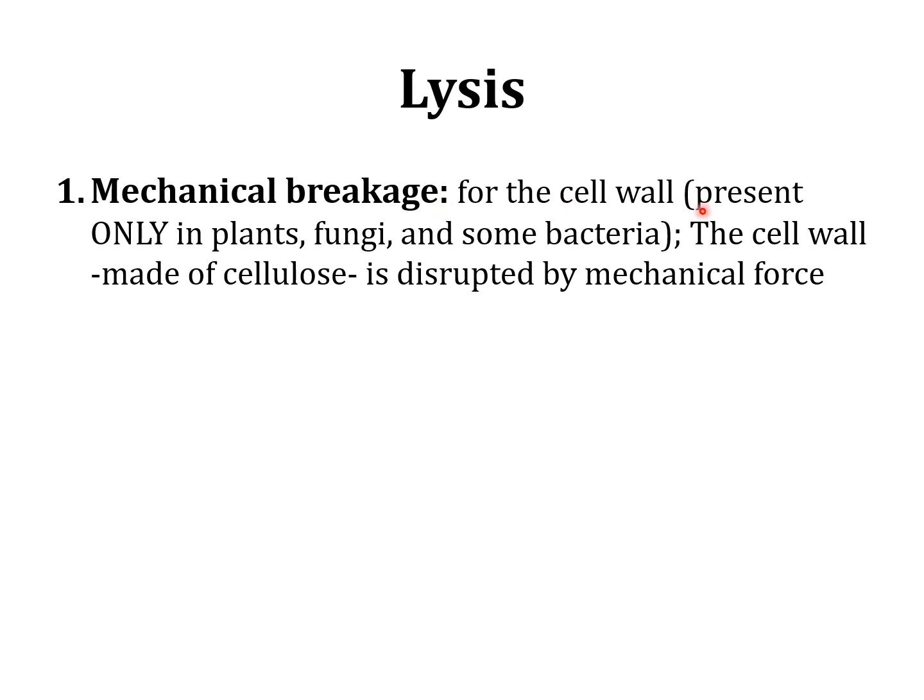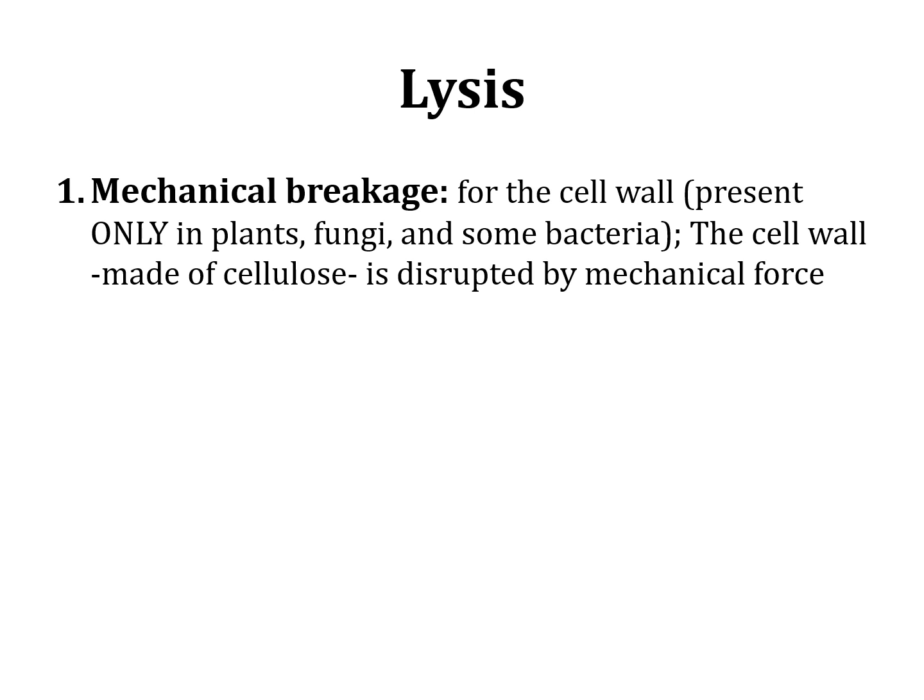Because they have an additional layer, which is a cell wall. As you know, in plants it's made of cellulose, and in bacteria, of course, it's made of peptidoglycan. So we have to use mechanical force, for example a mortar and pestle, to break it open with physical force. There are several tools that we can do that with.